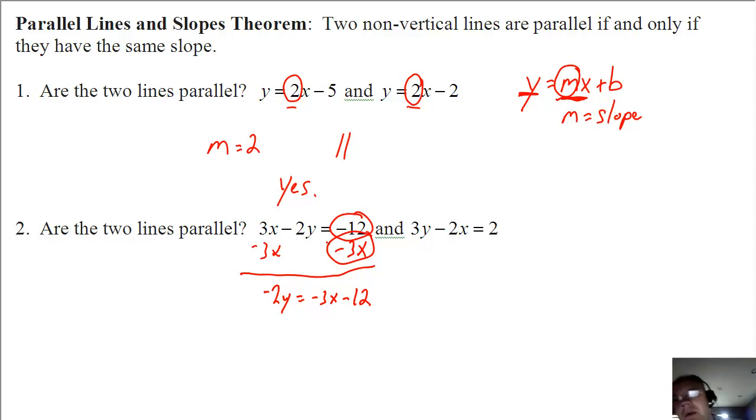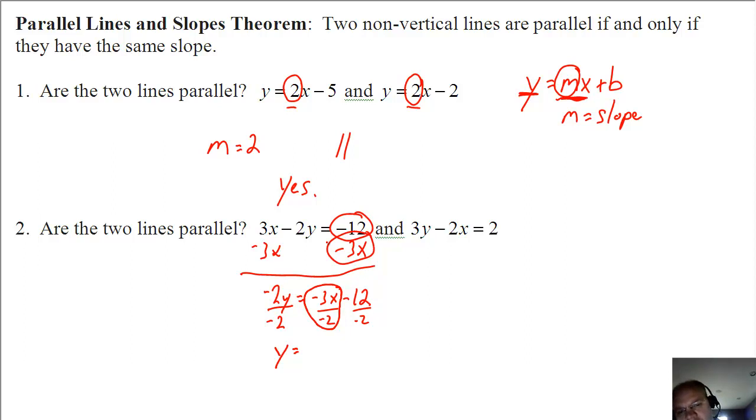The only thing left to do to get that in slope-intercept form is that the y must be by itself, and right now I have a negative 2 with it, so I'm going to divide each term on both sides by negative 2. Here, I have y. Here, I simplify.